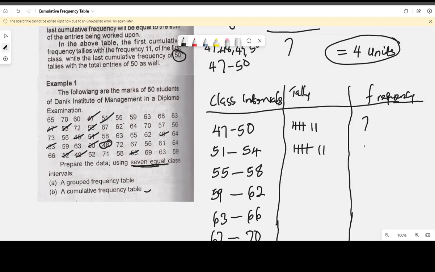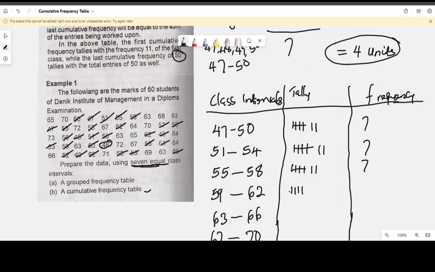The next interval is 55 to 58. 1, 2, 3, 4, 5, 6, 7. That is 7. The next interval is 59 to 62. 1, 2, 3, 4, 5, 6, 7, and 8.